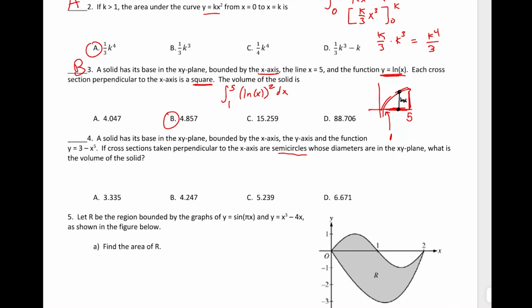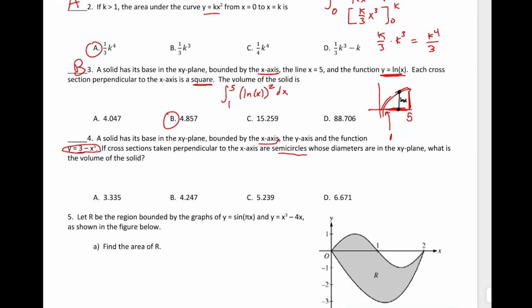So as we said before, the area of a semicircle is half pi r squared, where the radius is going to be half the distance between the two functions. So the functions here are 3 minus x to the fifth, but we also have the x-axis, so like 0.